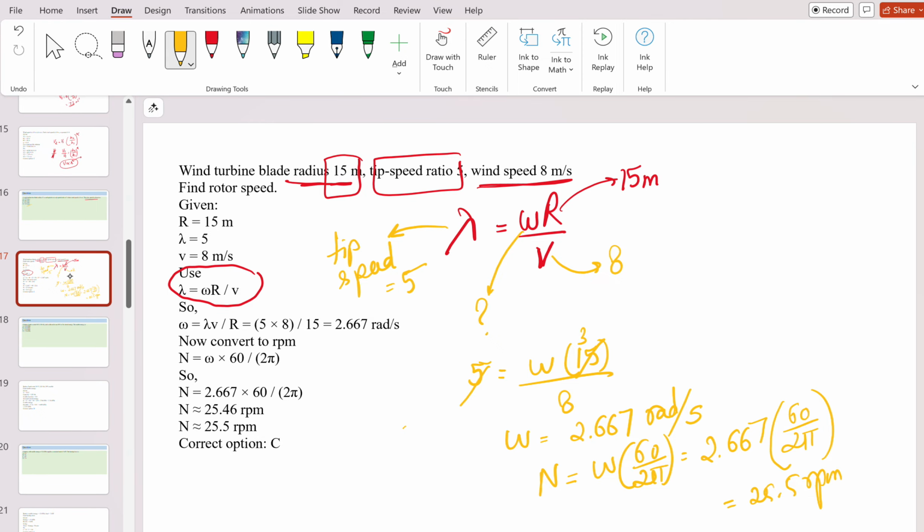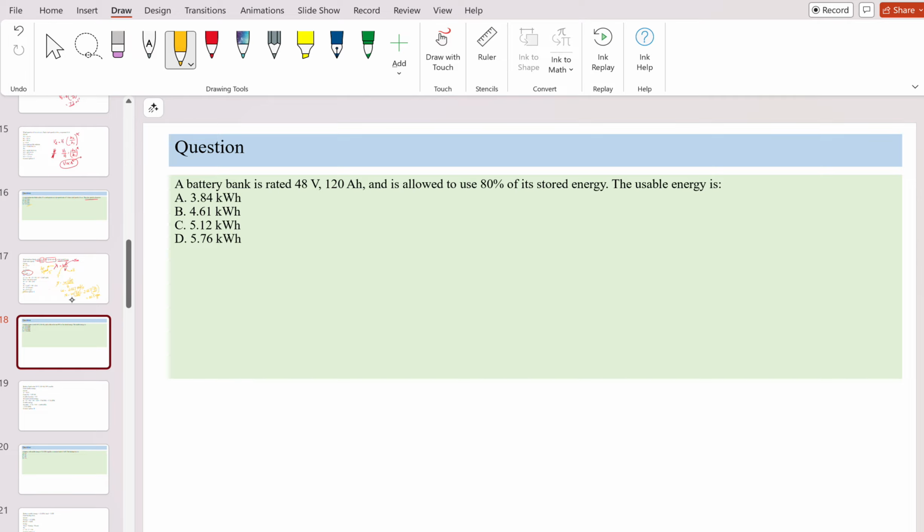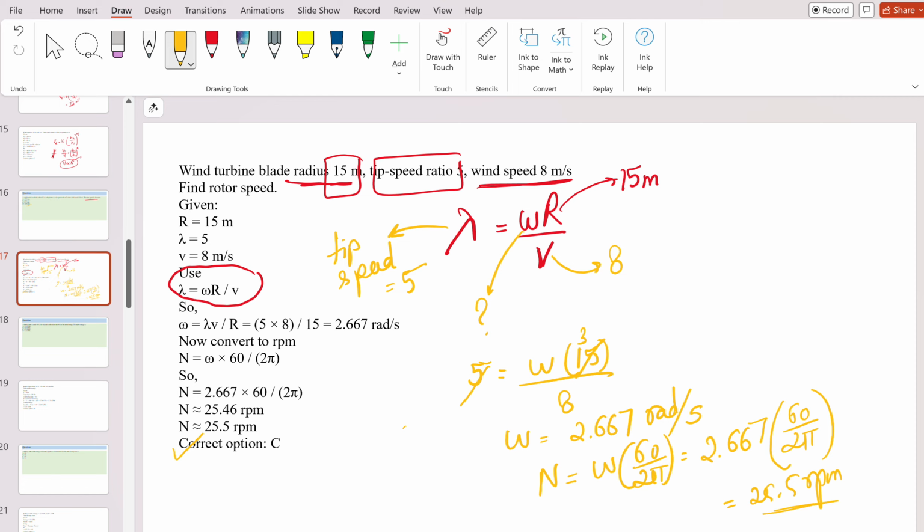So it is matching with option C. So this is the correct answer. Just remember the formula lambda is equal to omega r by v, and this formula for converting from radian per second to RPM. Okay, let's move further.